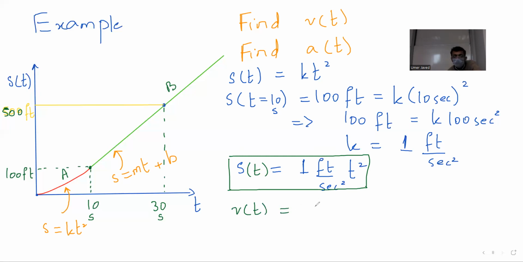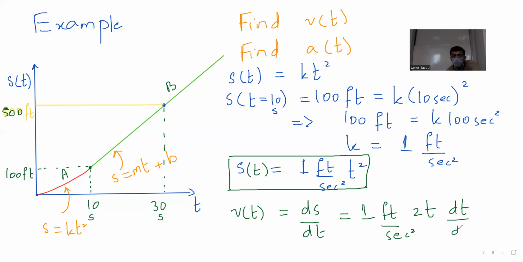So it will be 2. Let's take a derivative. I will just do it the long way. ds by dt equal to 1 feet per second square, d by dt. Okay, let me skip some steps. So I will have a 2t and then dt over dt. So as one of the students said, it is 2t.